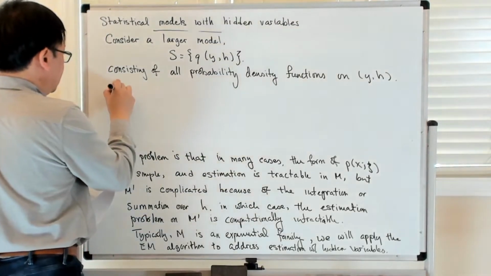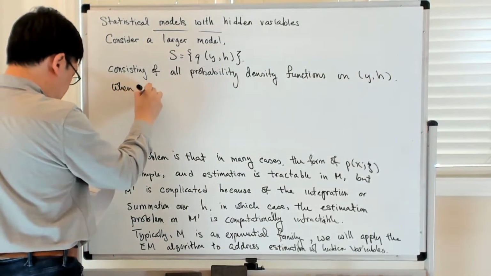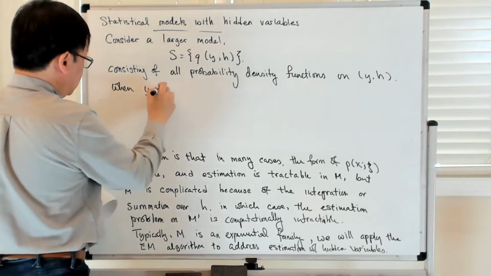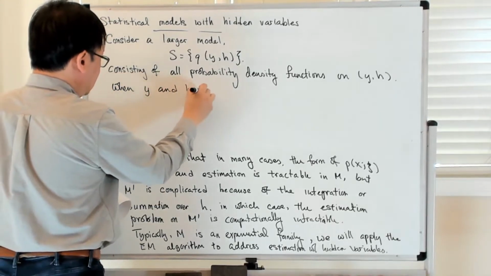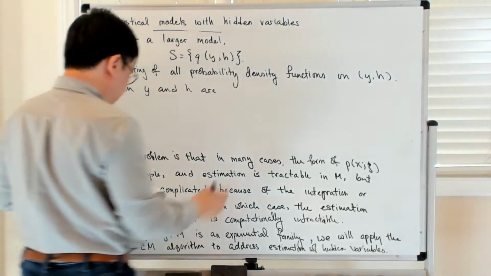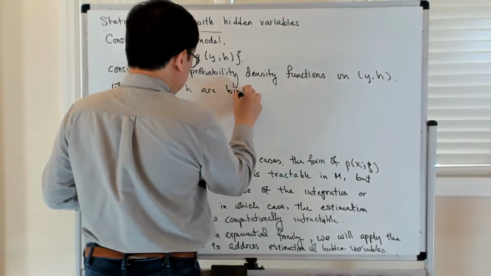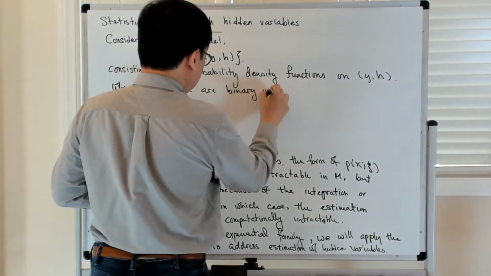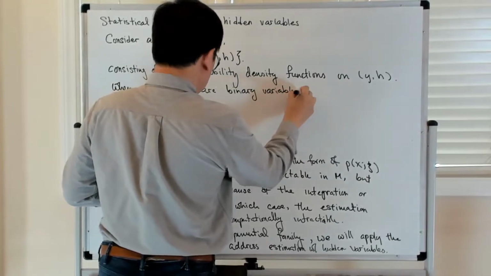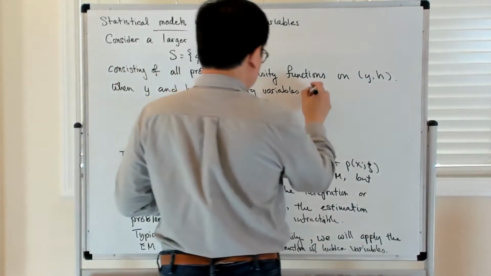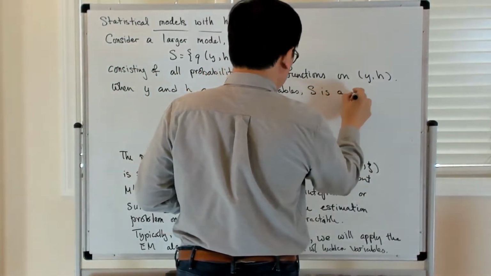So let's say that when y and h are binary variables, S is a probability simplex.